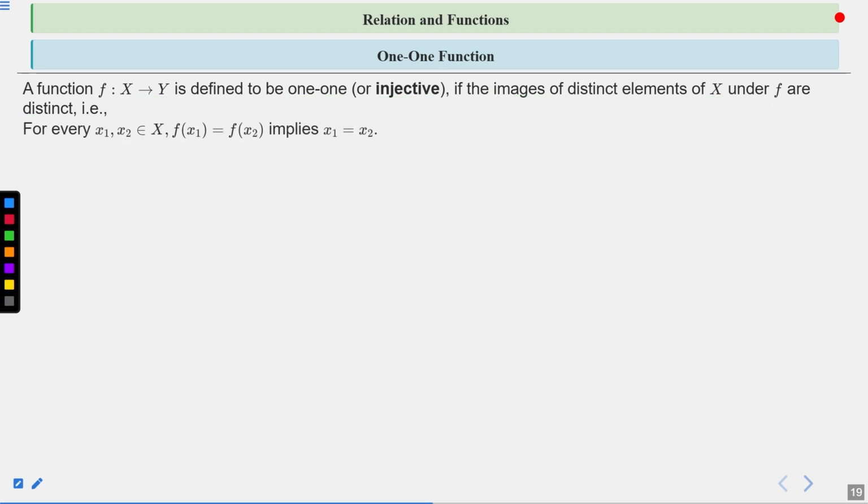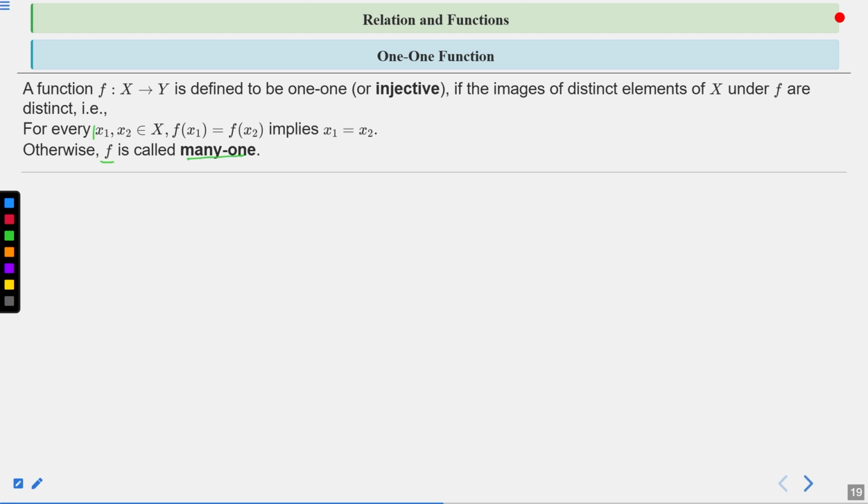Meaning, if you pick any two elements from your domain and find out the images, meaning f(x1), f(x2), if both images are same, then we must have x1 same as x2. Otherwise, your function will be many-one.